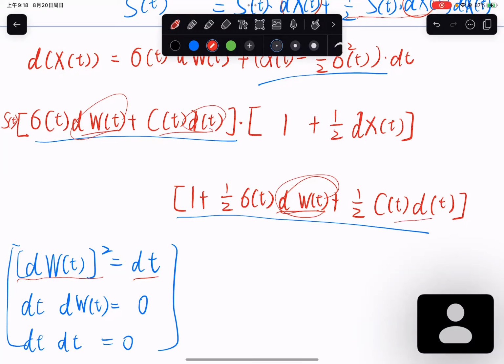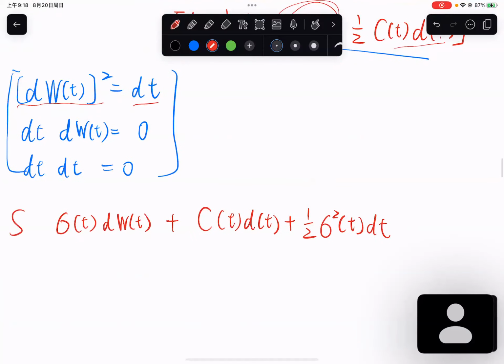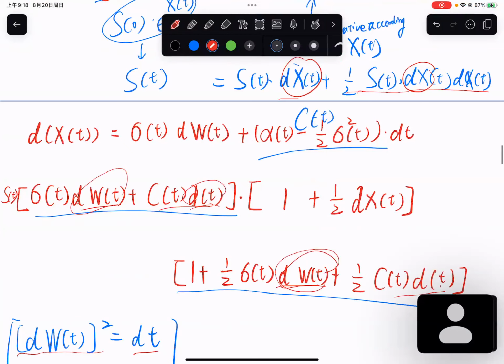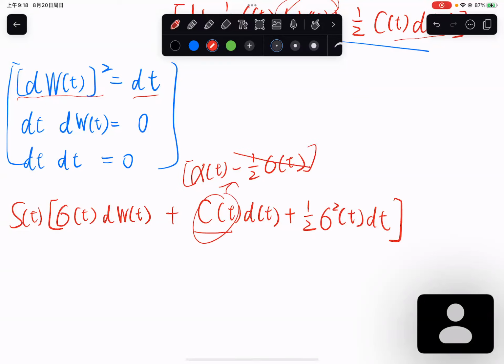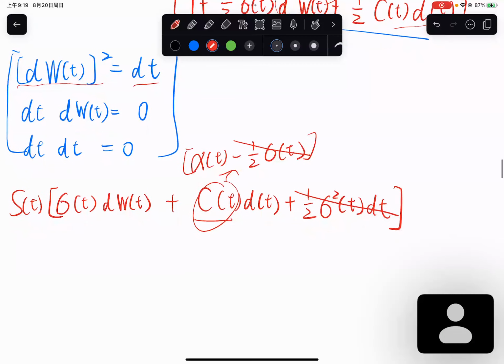And now let's come to the third item. When we have dt with dWt, it's canceled out. If we have double dt, then it also becomes 0. So eventually, we only have these 3 items left. And we already know that ct is what? ct is just alpha t minus 1 over 2 sigma t squared, right? And so this part and this part cancel out.